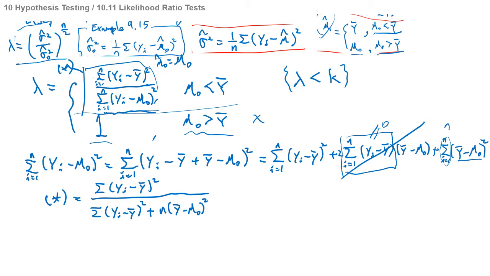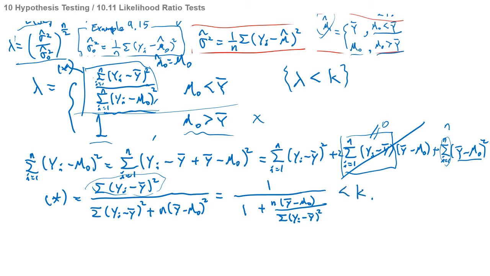Okay, and this expression can be rewritten this way. We divide this quantity into both the numerator and denominator, and this one becomes n times y bar minus mu 0 squared divided by the sum of yi minus y bar squared. And the rejection region is this thing is less than k.